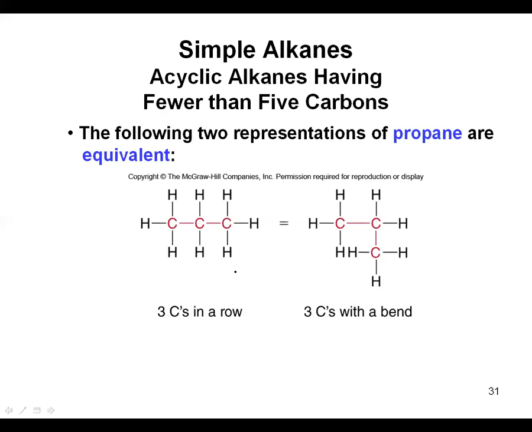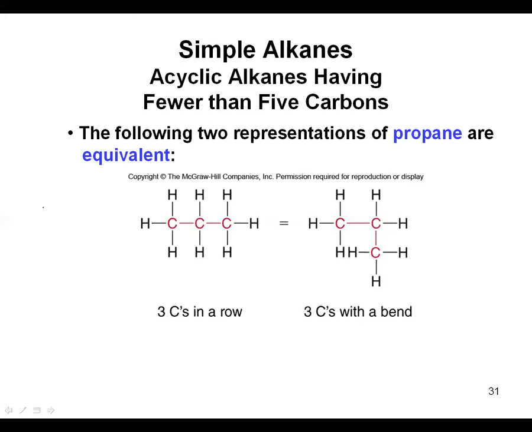Now, the following ones are both propane, and sometimes you're going to be asked to draw isomers, or to say if these things are isomers. So let's just talk about isomers for just a second here.